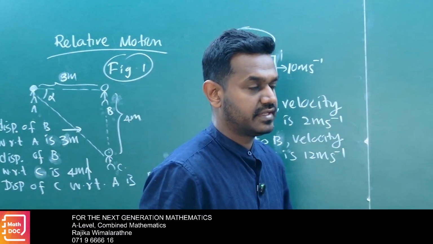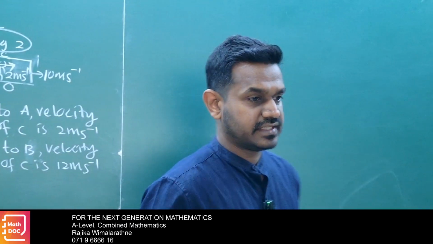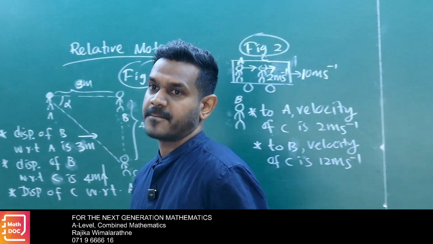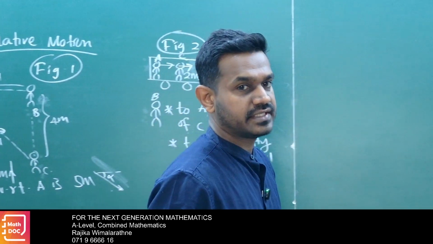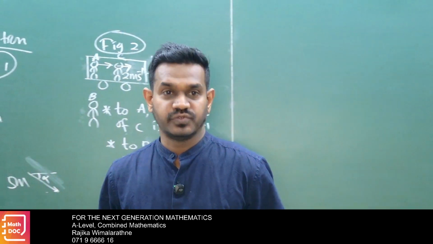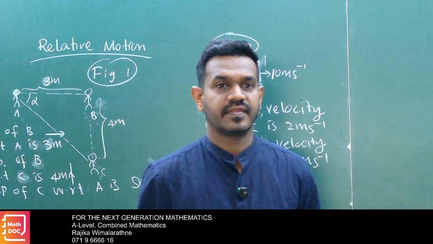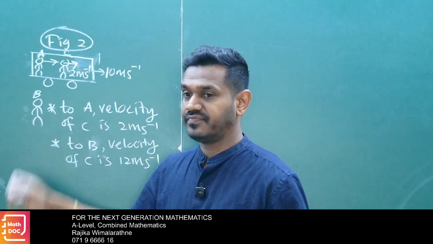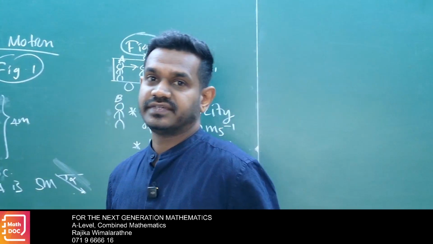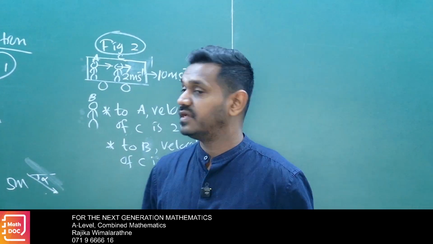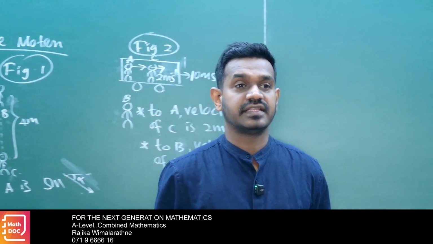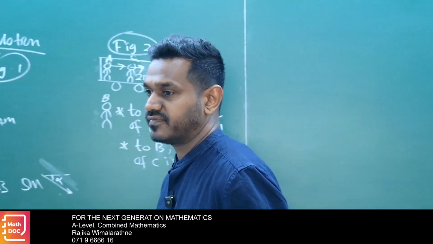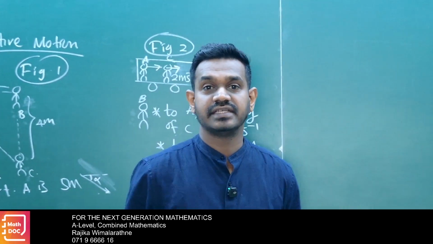Okay, go to next line and write down. Figure 2 represents a bus moving with velocity 10 meters per second, and two stationary observers A and B. One is inside the bus, and the other one is outside the bus.